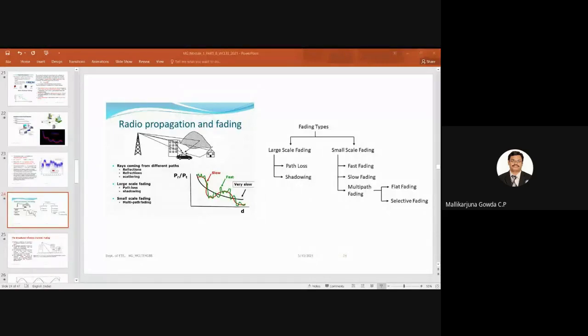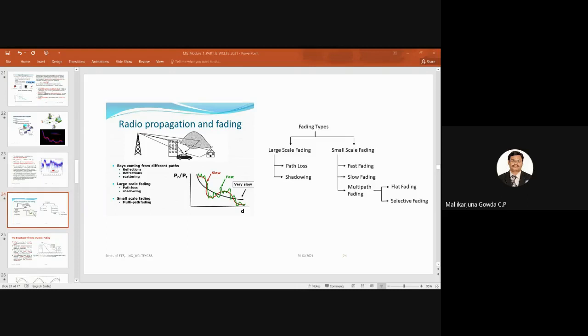One is due to distance, and the other is due to obstructions between the transmitter and receiver caused by macroscopic objects. The other is small scale fading. In that, we classify fast fading, slow fading, and multipath fading. Under multipath fading, the two types are flat fading and selective fading.